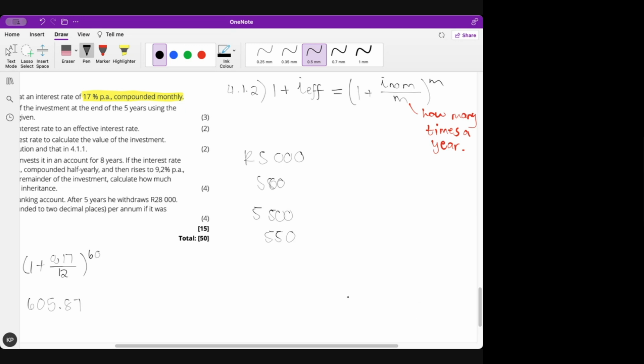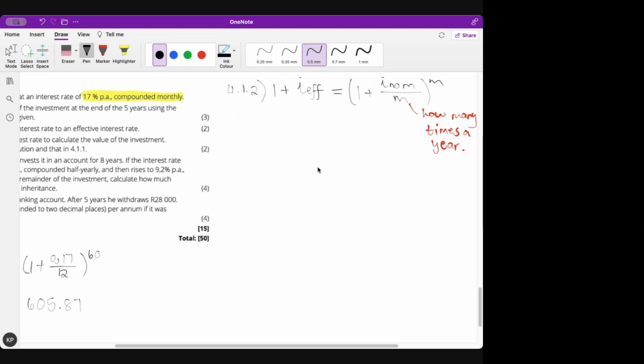So it's changing, it's increasing. So this would be your effective interest rate, because your interest changes as the amount in your bank account changes. But if you keep withdrawing, let's say you earned the 500 and you withdrew it, then you're just going to earn 500 again in the next month. Does that make sense? I hope that makes sense.